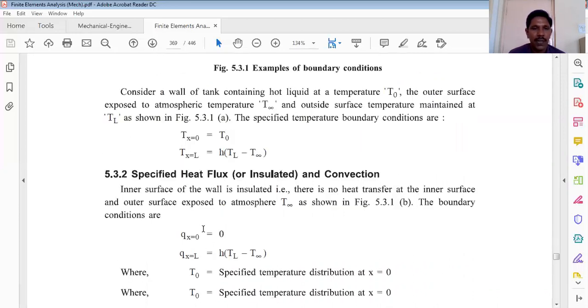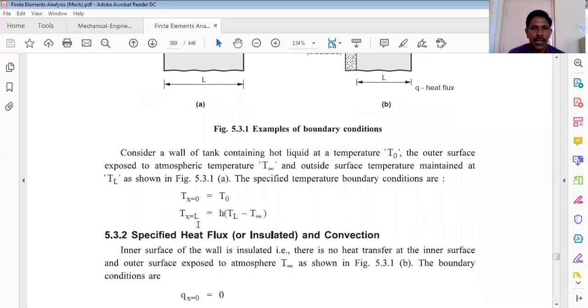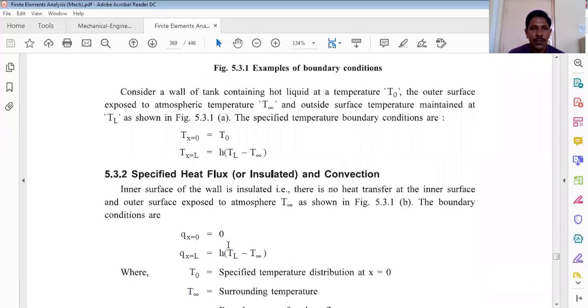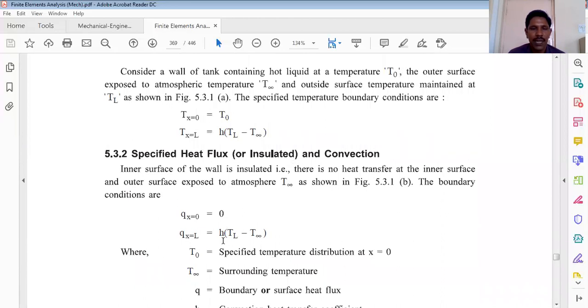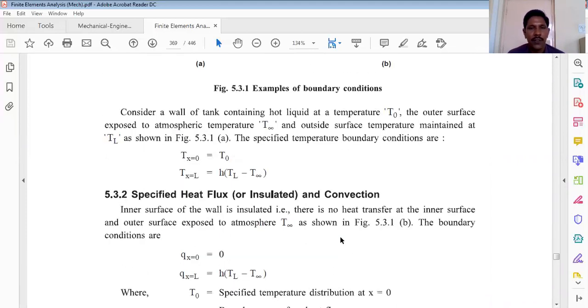Looking at the figure, heat flux is 0 at the innermost portion, and heat flux at x equal to L is h into TL minus T infinity, where TL is the specified temperature at x equal to L, and T infinity is the surrounding temperature, Q is the surface heat flux, and h is the convective heat transfer coefficient.